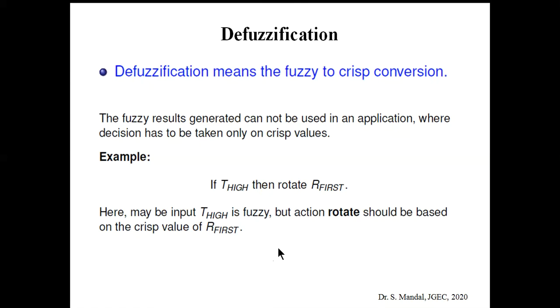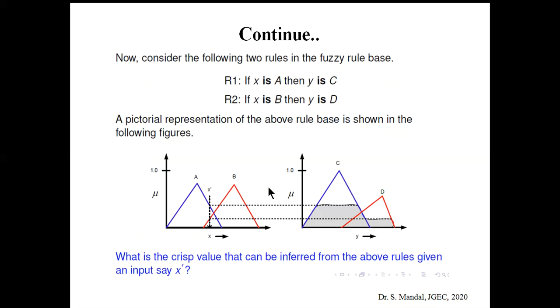Now consider a linguistic fuzzy rule where it has been mentioned that if T is high, or temperature is high, then rotate fast. Okay, so T high is expressed in terms of fuzzy, so the corresponding output should be a crisp value so that we can use it in the real life system. So we need to convert it into the crisp value.